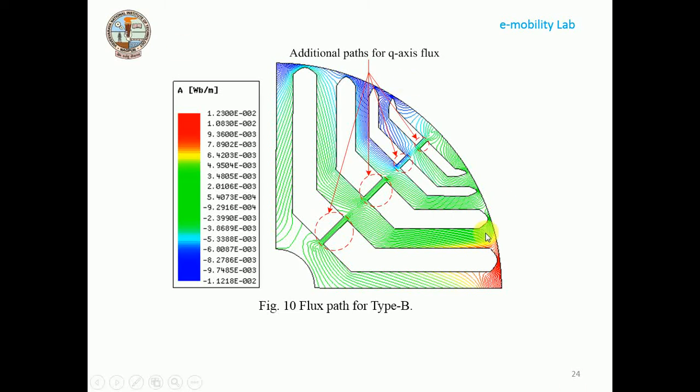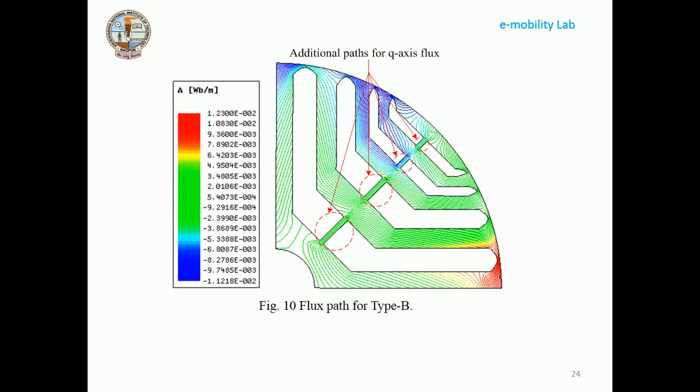So again we have a challenge here. What should we do? We should not decrease to 0.5 mm, because with 0.5 mm we have very poor mechanical performance. It is coming around 238 megapascal, and if you remove the radial ribs with a 0.5 mm tangential rib, it is not acceptable.